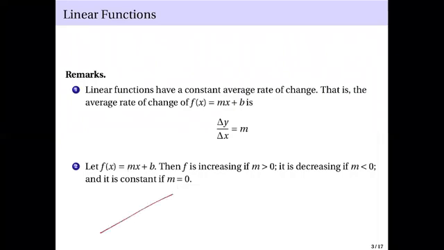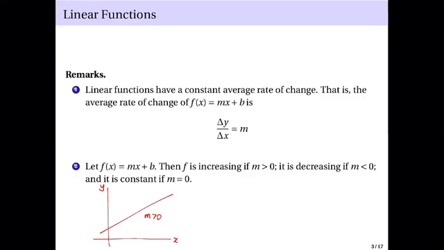For m positive, the graph will be slanting upwards from left to right, and it is increasing. Meaning, as you increase your x, the value of y will also increase. So if this is your Cartesian plane, this is your x, this is your y. As you increase your x, the value of y also increases. So that is the case when m is positive.